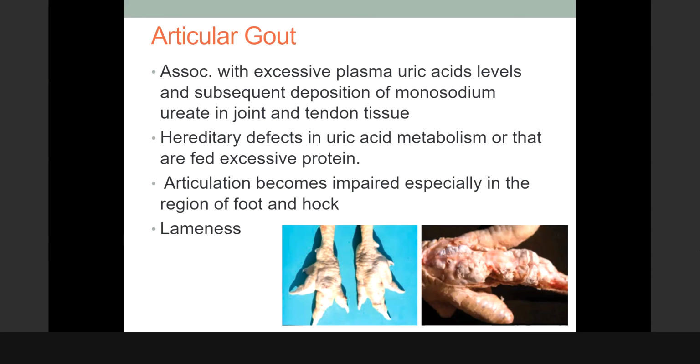If you have excessive plasma uric acid levels, a lot of problems can lead to gout, especially kidney problems. Sometimes dehydration can also lead to this problem. What happens is they form a lot of uric acid in the joint area.